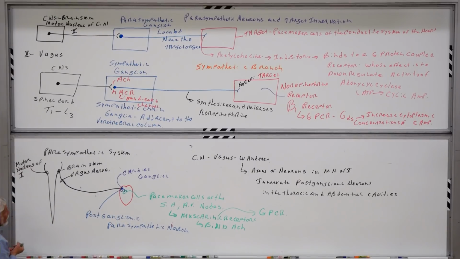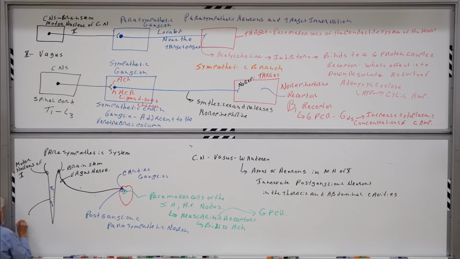Now, if we take the same pattern and we extend it to the sympathetic branch, we'll see that all along the spinal column between T1 and L3, there are the preganglionic sympathetic neurons. So what I'm trying to do here is draw a column of cell bodies.